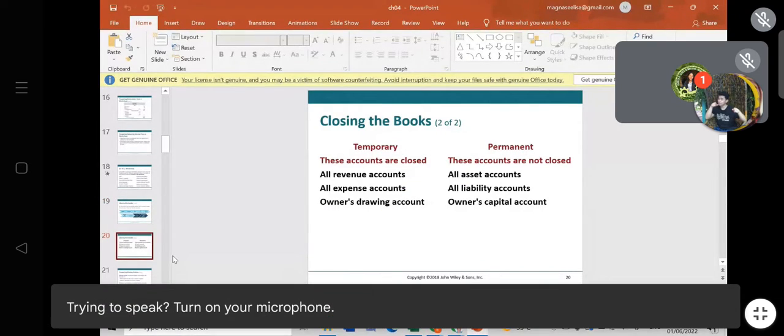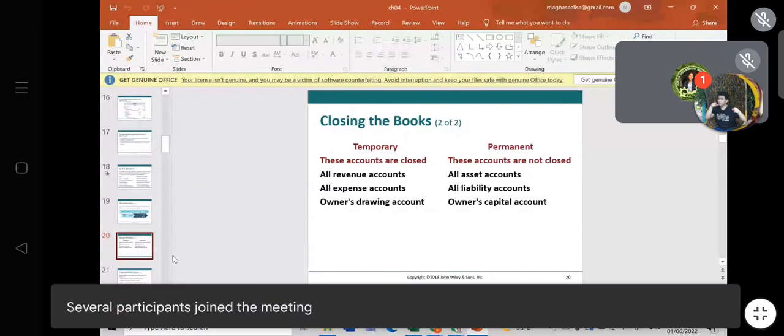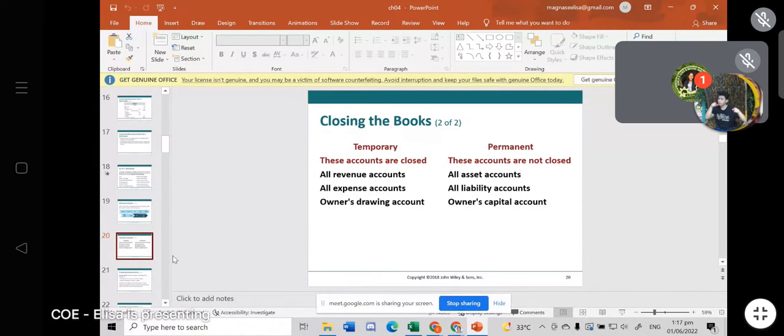Now, there are two things that we have to consider here. We must be able to identify what are temporary accounts and what are permanent accounts. Let's go first to permanent accounts. These accounts are not closed. Meaning, when we do our closing entries, the accounts that are classified as permanent are not closed. What are these accounts?